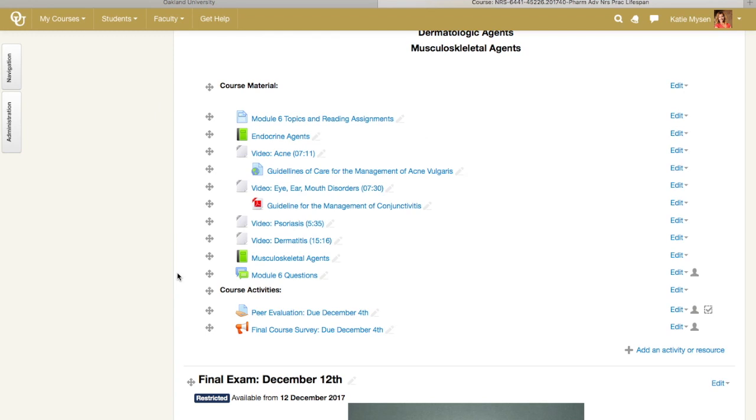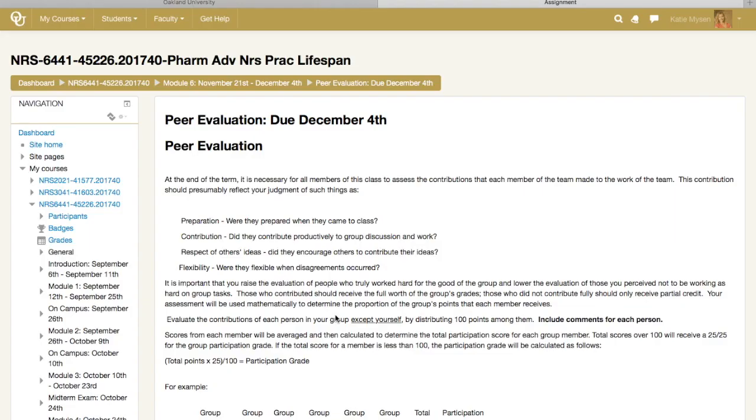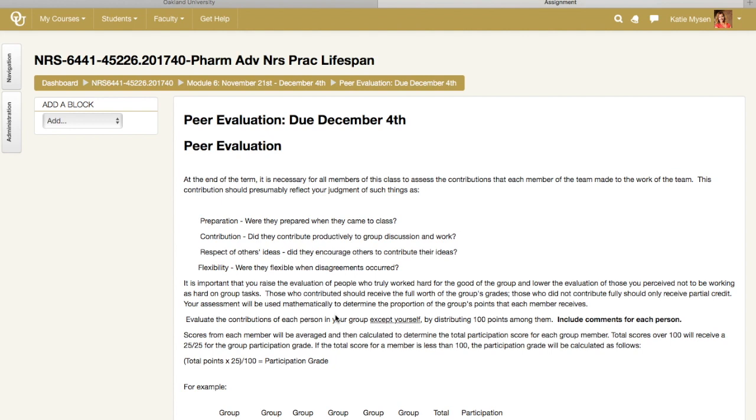So for Module 6, you do have a couple of different things as far as activities go. The first one is the peer evaluation. And this is sort of evaluating the contributions of your teammates. The instructions are here, and we're just going to kind of go through it. But you want to think about, were your teammates prepared?